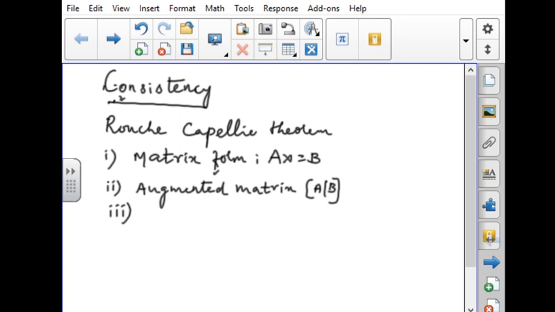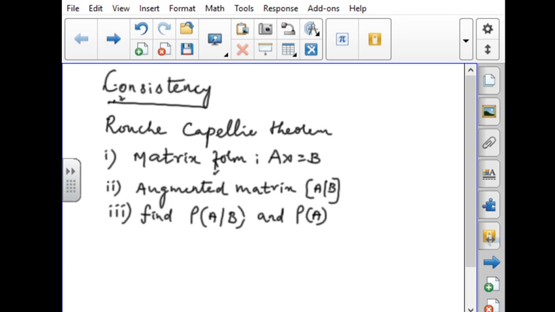So find the rank of [A|B] and the rank of A. After finding the rank of [A|B] and the rank of A, we are going to say whether the system is consistent or inconsistent, and whether it has one solution or infinitely many solutions, using the conditions given below.